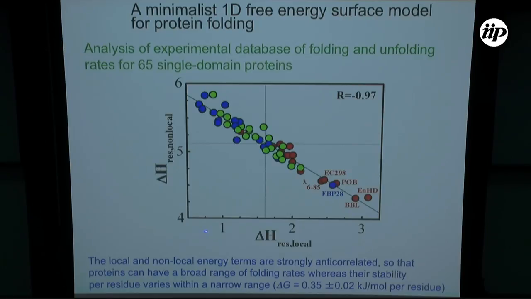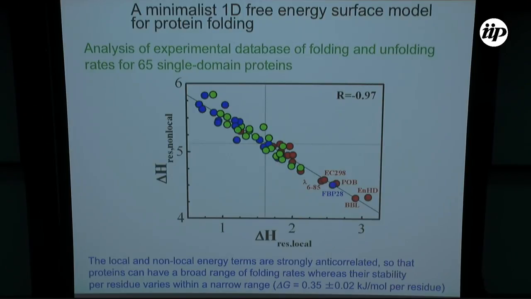First of all, we found that there is a very strong correlation between this delta H non-local and this delta H local. It's an anti-correlation. And this line, which gives you a correlation of 0.97, is what you get when the total delta H per residue is constant. So what this line is basically telling you is that the delta H per residue is almost constant for all these proteins.